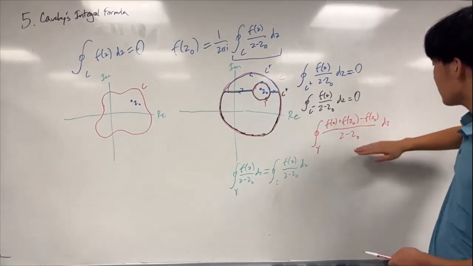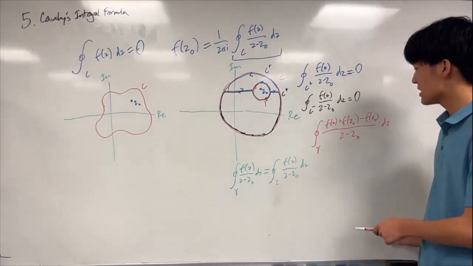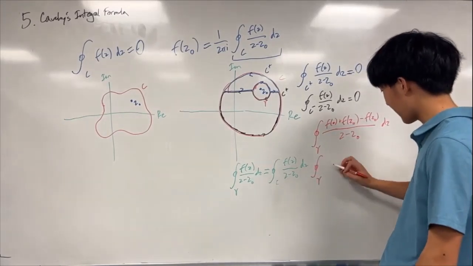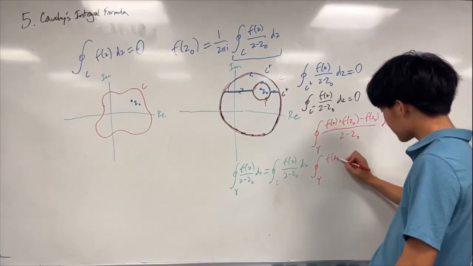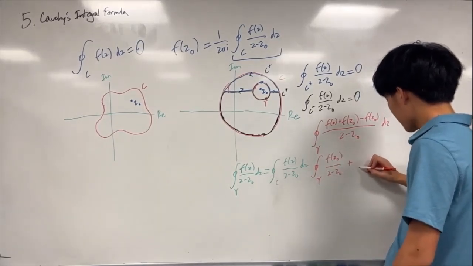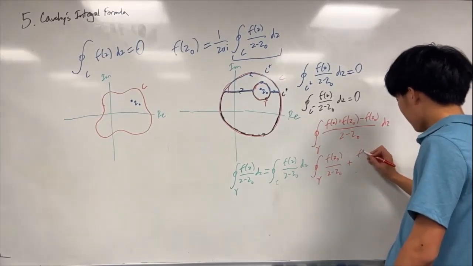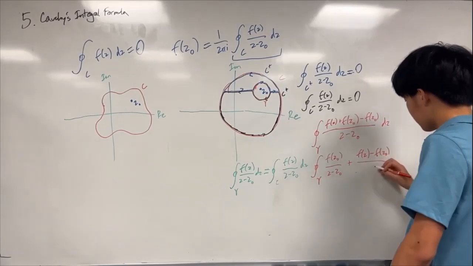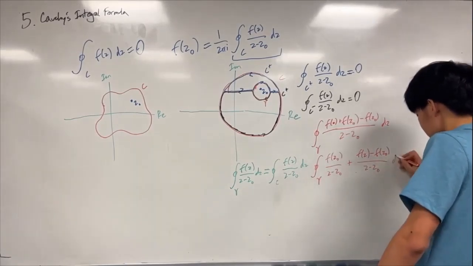Obviously, these two cancel out, and it's the exact same thing. But now, we can separate this fraction, and this is the integral over gamma of f(z sub 0) over z minus z sub 0 plus f(z) minus f(z sub 0) over z minus z sub 0 dz.